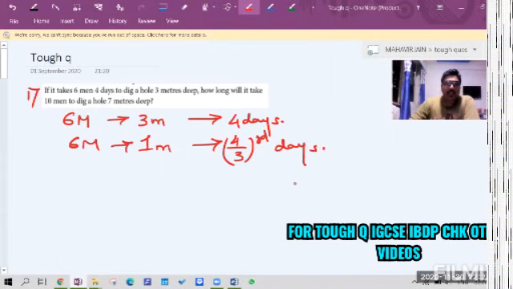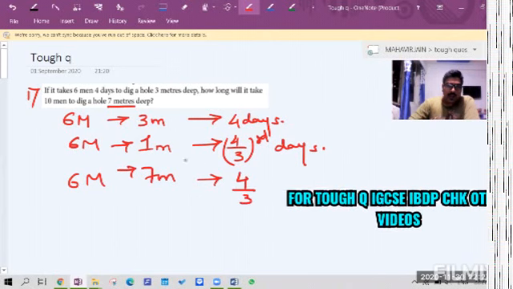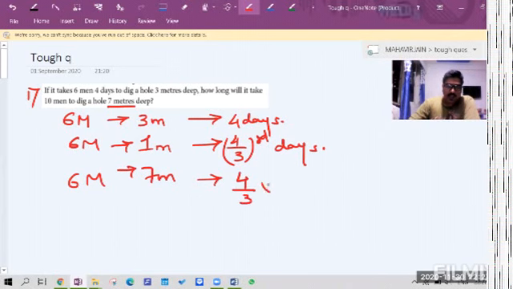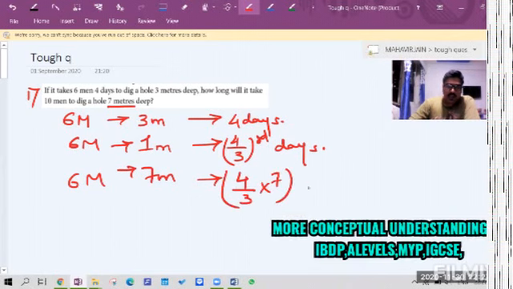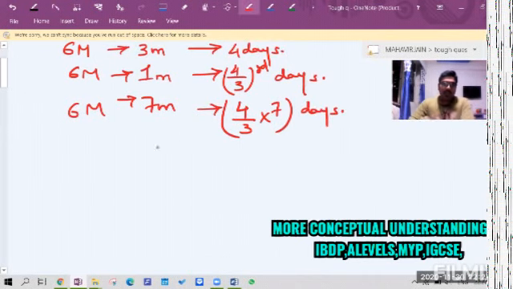I hope that's clearly understood. Now this is 6 men, 1 meter hole. Now the same 6 men, we want 7 meter deep. If they want to go for a 7 meter hole, then for 1 meter they take that much time, for 7 meters they will be taking that into 7 days. That's clear, I suppose.